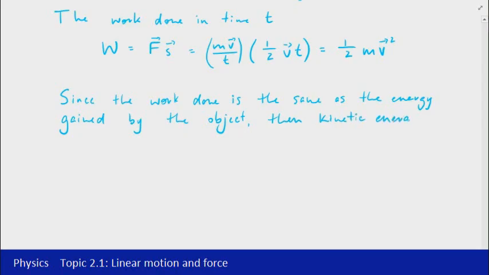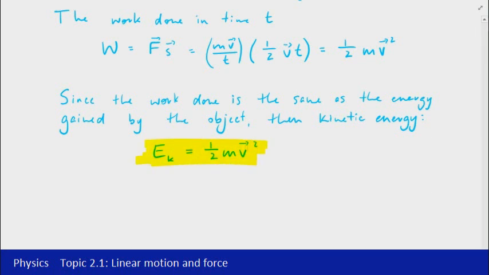So the kinetic energy of the box at time t is given by this expression, E. We're going to use a subscript k there to show that it's kinetic energy. So kinetic energy of the object is going to be half mv squared. That's another one that's in the data booklet.